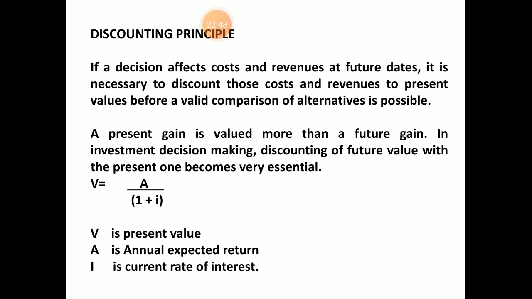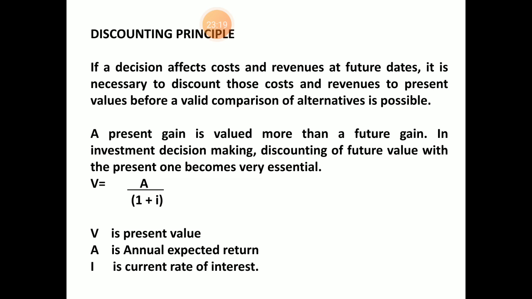So, in very simple language, the discounting principle only tells us that a rupee today is not of the same value as a rupee tomorrow. The present gain is always valued more than a future gain.